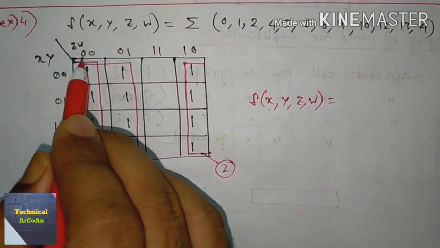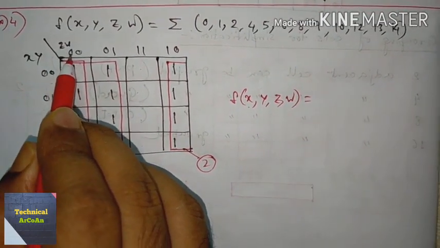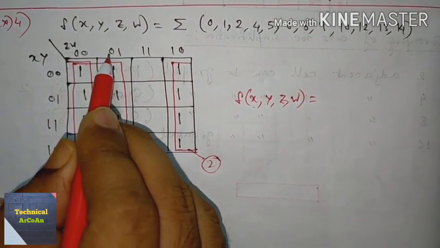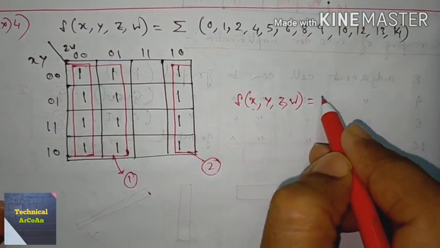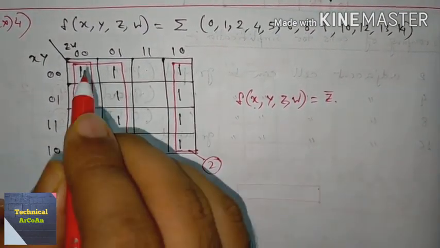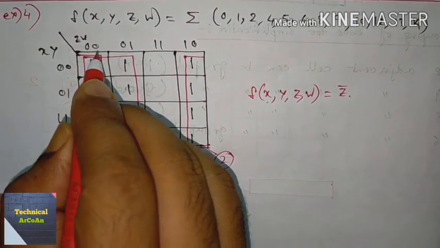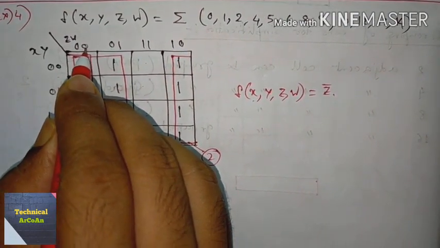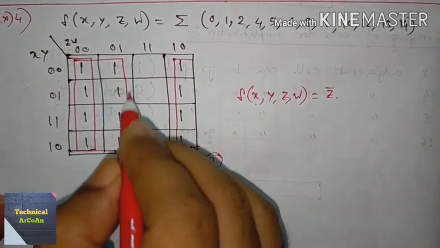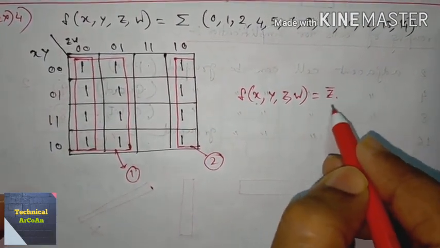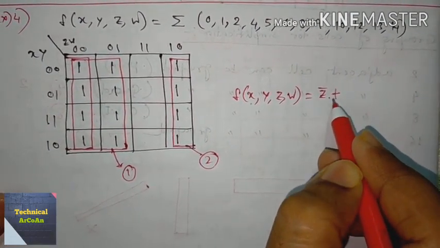Now we consider z and w. First, z value from 0 to 0, yes, it remains the same, so we take z as a complement, because in a minterm 0 is complemented and 1 is normal. Now check the w value. w changes from 0 to 1. So for the first group we only get one term, which is z complement.